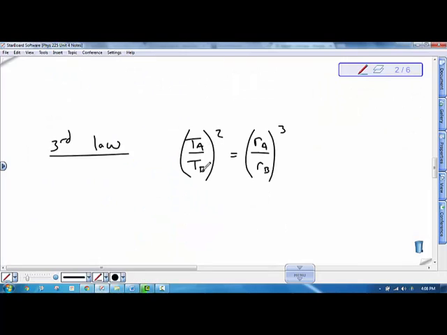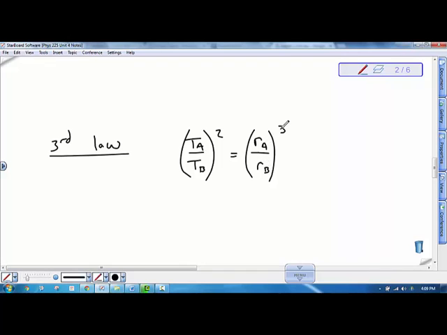Kepler's third law then says, and this is a weird one, that the ratio of the periods of two objects orbiting another object, let's talk about the Earth as object A and Mars as object B. The period it takes the Earth to orbit the Sun, which is 365 days, and the time it takes Mars to orbit the Sun, which we can find in Google really easily, that ratio squared equals the ratio of the average orbital distance from the Sun for each, the Earth and Mars, that ratio cubed.